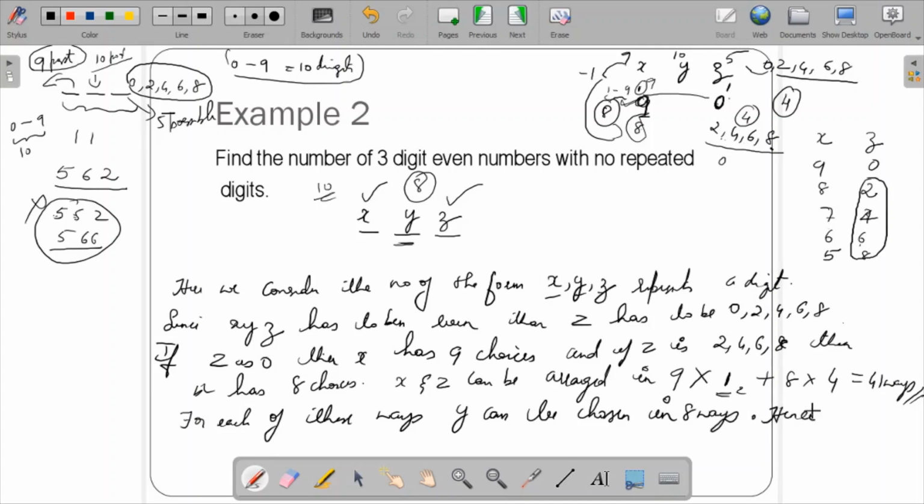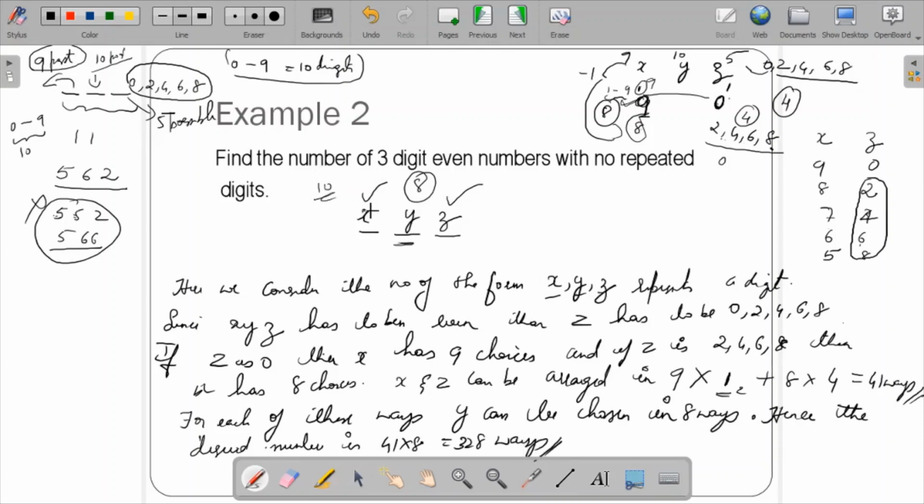Hence, the desired number is 41 into 8, that is equal to 328 ways. So this is how we are going to solve the problem.